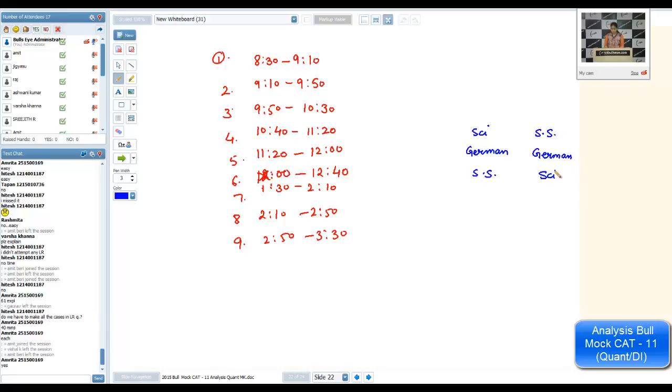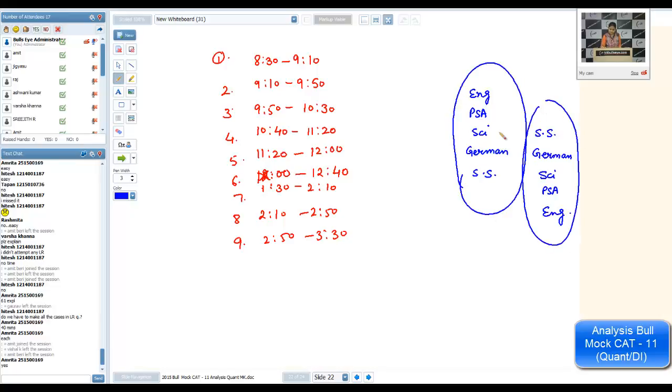There can be 2 arrangements. There is one more thing. A co-curricular subject must be scheduled between English and science. So these 5 classes are in continuation. You can take any of the arrangements.